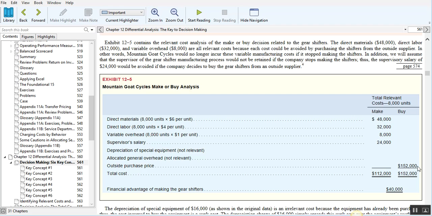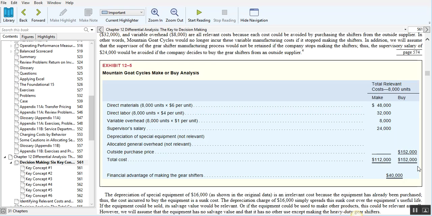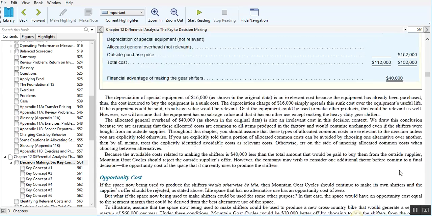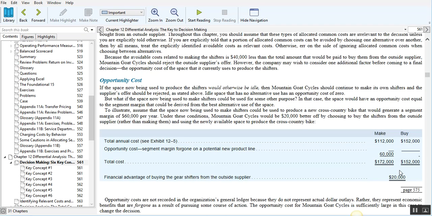So what we have, we're talking about making gear shifters. What we have is a financial advantage to making these gear shifters rather than buying them, because we actually save $40,000 in cost that we would otherwise spend if we purchased them.